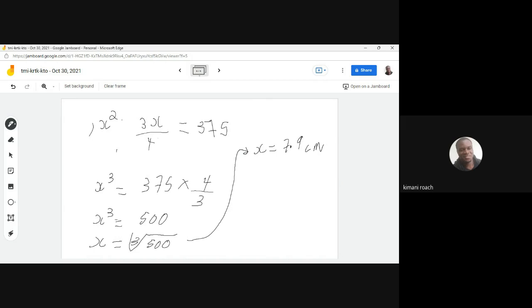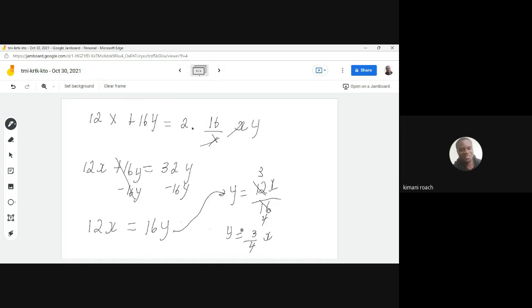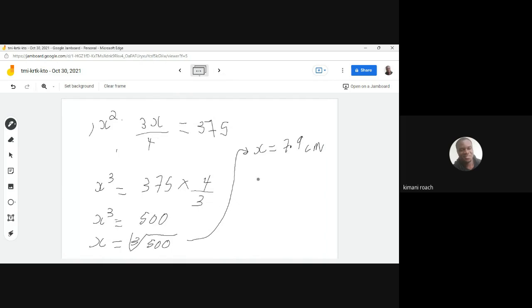And we know that y is equal to 3/4 of x. So y is going to be equal to whatever 7.9 is. I'm going to find 3/4 of that, which is going to give me 5.9 centimeters.